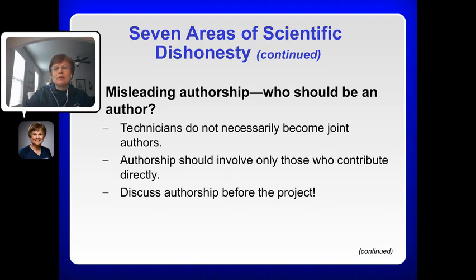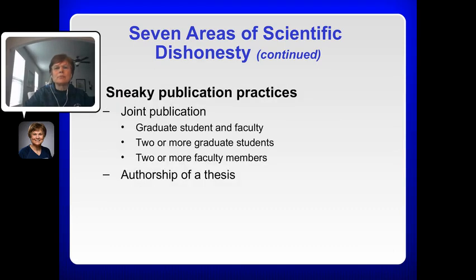It's probably a good idea, if you get into joint publications, to talk about this before you get into the actual project. And then the 7th one is just sneaky publication processes. A lot of times graduate students do all the work and faculty will get credit for it. So it's just getting easy to make sure that you're handling things in a professional, honest way as you get into writing and conducting research.